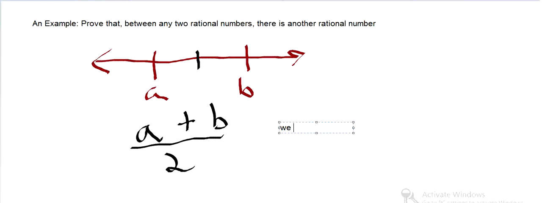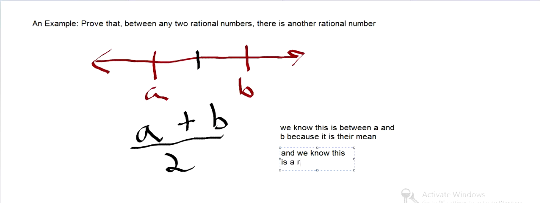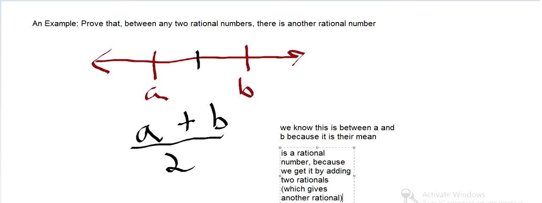And so we know this is between A and B because it is their mean or average. And we know this is a rational number because we get it by adding two rationals, which gives another rational, then dividing by 2.